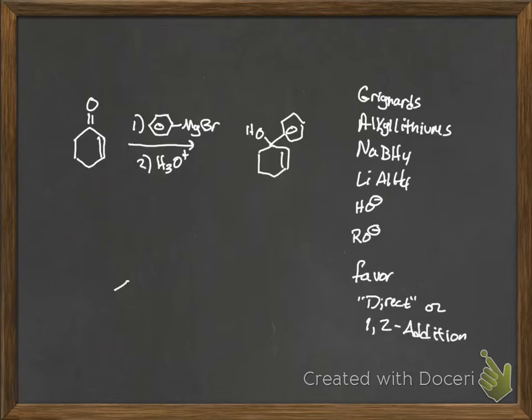In case you're wondering where the 1 and the 2 come from, it's not nomenclature 1,2. I know that's irritating. It's like this, 1, 2. All right? So let's take a look at this one.